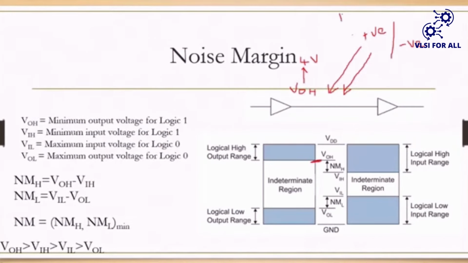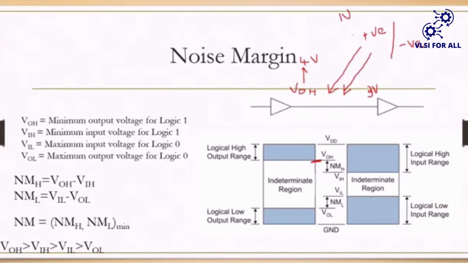As I told you, during logic 1 transmission, the negative noise may have an impact. Because of the negative noise, let's assume 1 volt of noise. If it is positive noise, plus 1 volt; negative noise, minus 1 volt. Because of the minus 1 volt, the driven element is getting the output as 3 volts.